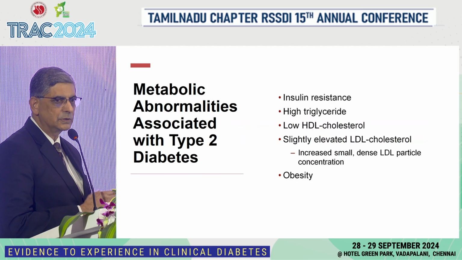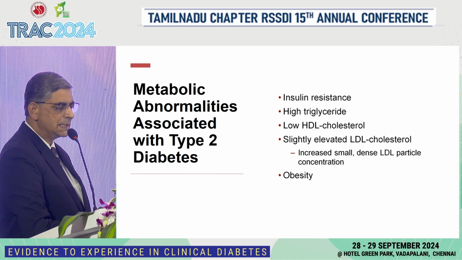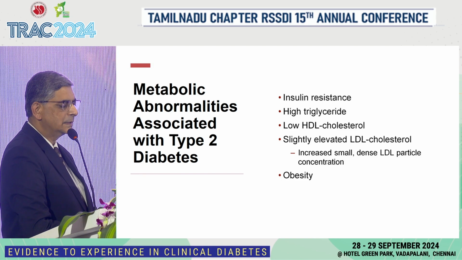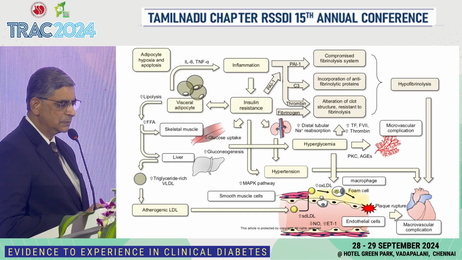These are some of the common abnormalities that we tend to see. Patients tend to have high insulin resistance, high triglycerides, low HDL, a high concentration of small, dense LDL, and obesity. So these are all the determinants of cardiovascular risk that we see in patients with type 2 diabetes, and particularly in patients with prediabetes.